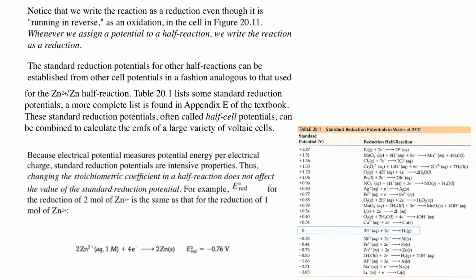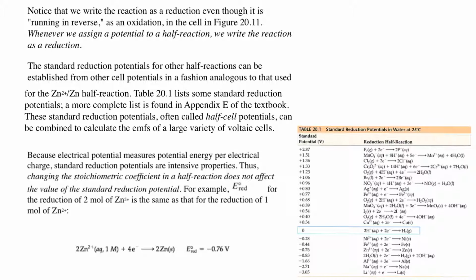The standard reduction potentials for other half reactions can be established from other cell potentials in a fashion analogous to that used for the zinc ion to zinc metal half reaction. Table 20.1 lists some standard reduction potentials. A more complete list is found in Appendix E of the textbook. These standard reduction potentials, often called half-cell potentials, can be combined to calculate the EMFs of a large variety of voltaic cells.